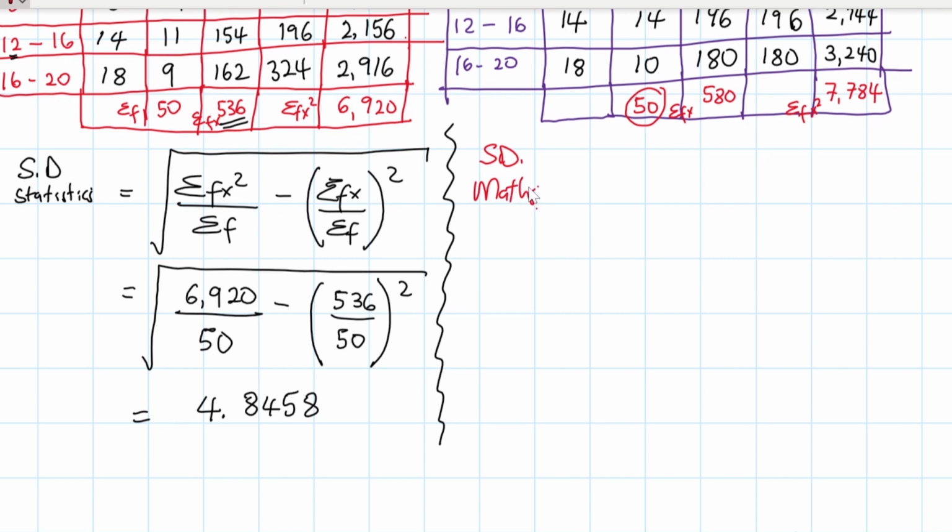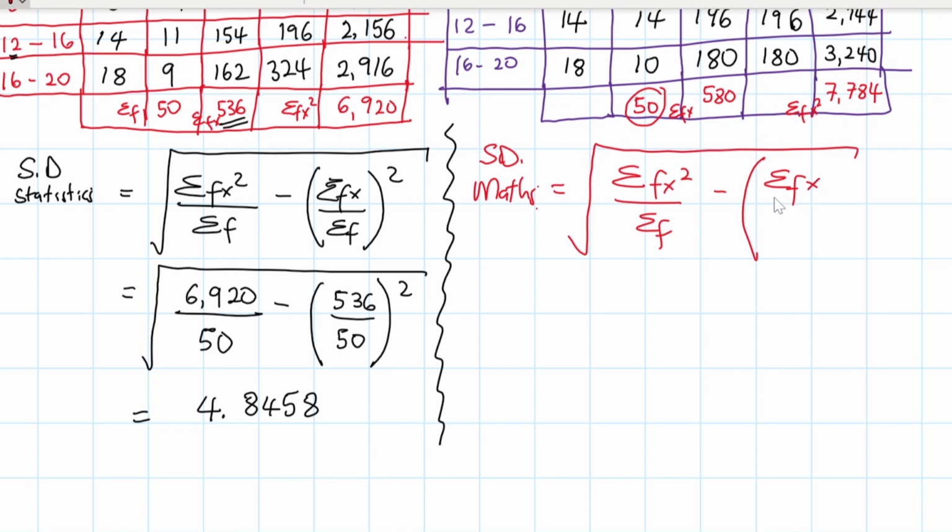For the standard deviation for math, again, we substitute into that formula. The summation of f x squared, divided by the summation of f, minus the mean squared, which is the summation of fx over the summation of f. The summation of f x squared, from our table, is 7,784.